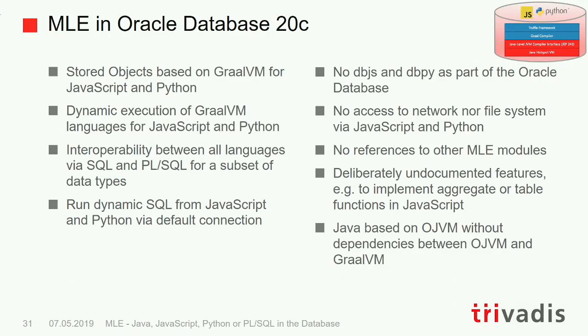What will be included? Basically, everything we have right now in the beta version. We will also get access to the dbjs via a separate channel, that's clear. But what I haven't mentioned yet is some restrictions which are important. This restriction here is really, really important. You don't have access from JavaScript or Python to the file system nor to the network. It just does not work.